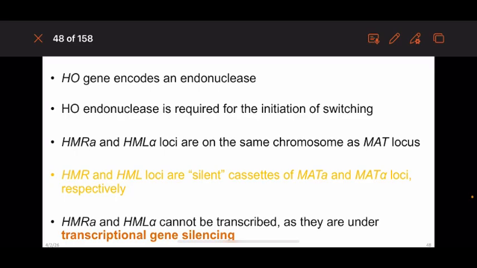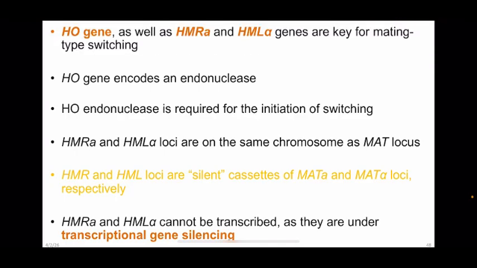If the cell is A and it wants to switch to alpha, it is going to activate HML alpha so that it substitutes the A it has for the alpha. So it is going to switch from A to alpha. But if the cell is alpha and it wants to become A, it is going to substitute its alpha with the A here so that the cell will finally become A.